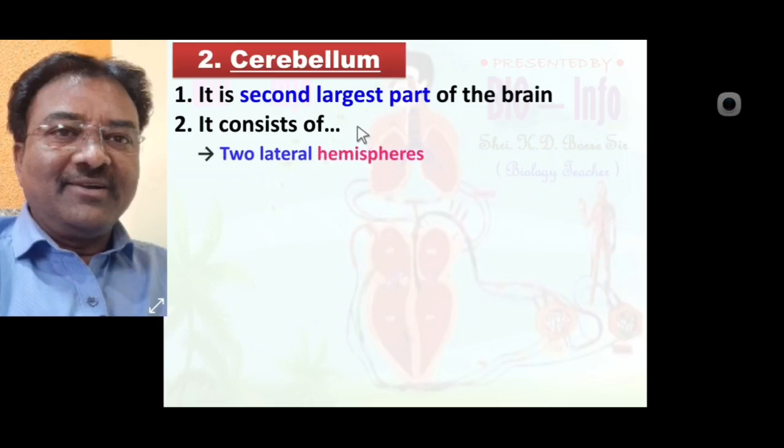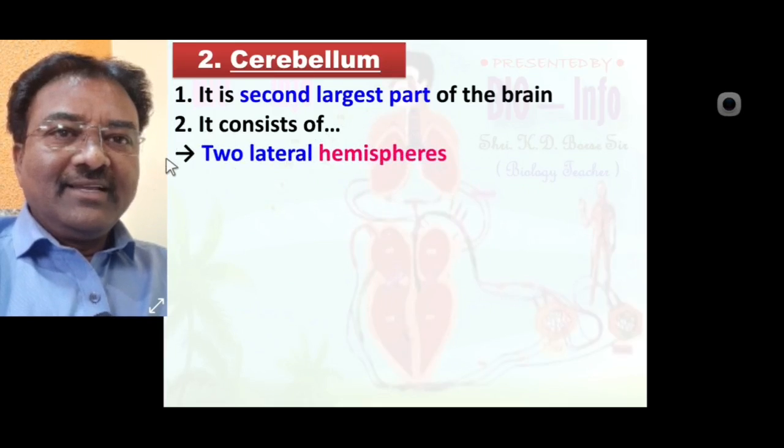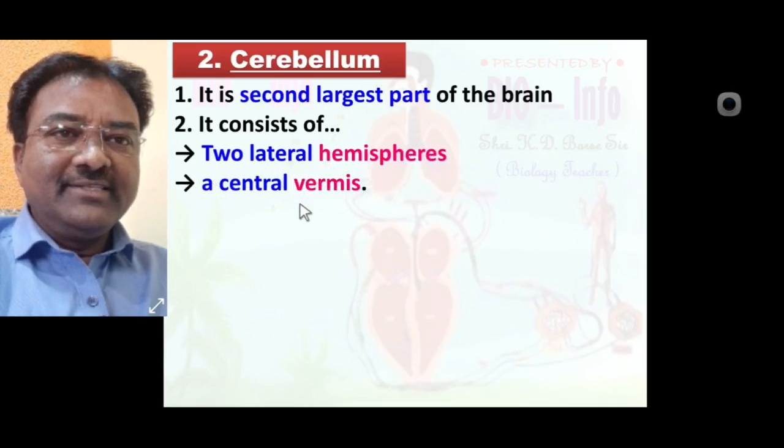It consists of two lateral hemispheres called right cerebellar hemisphere and left cerebellar hemisphere, and a central vermis part.